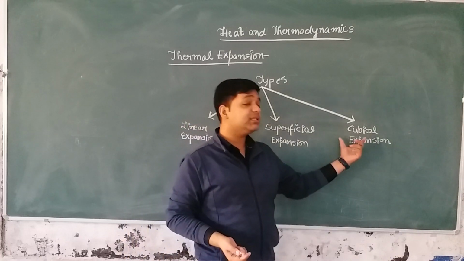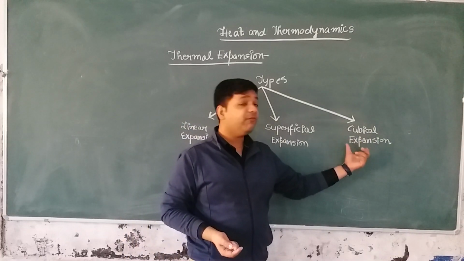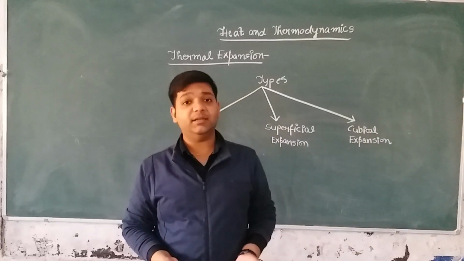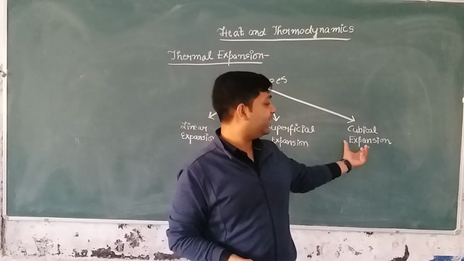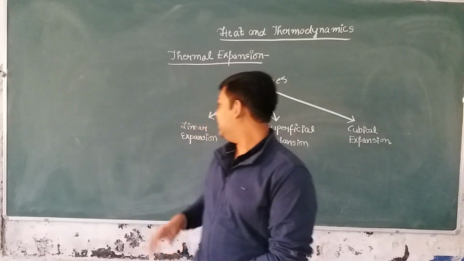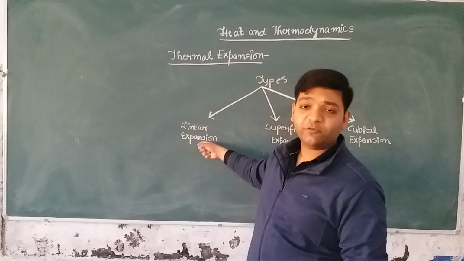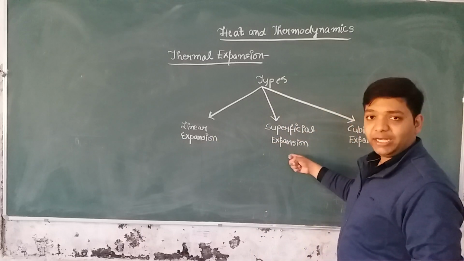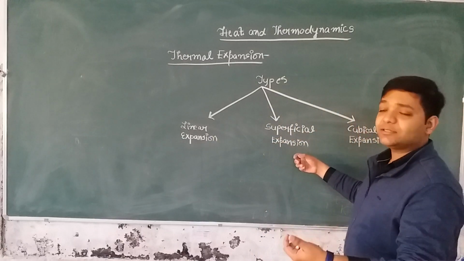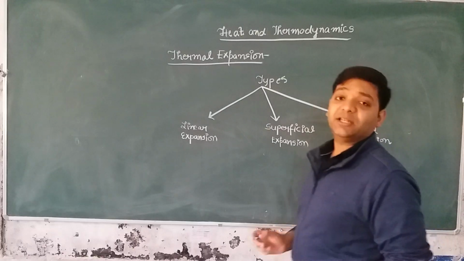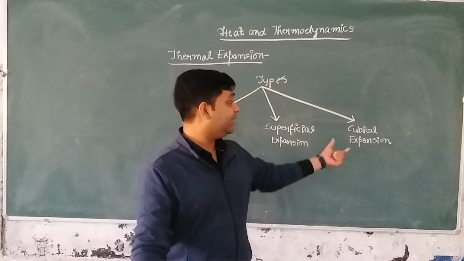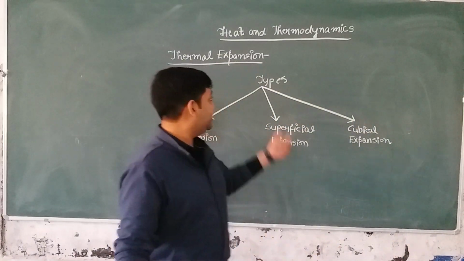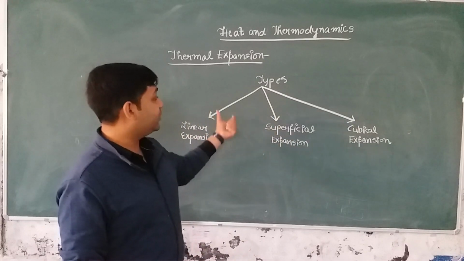When we heat that body, the volume of that body increases, and that is what is called cubical expansion. In linear expansion, the length of the rod increases on heating. In superficial expansion, the area of the metal plate increases on heating, and in cubical expansion, the volume of the body increases on heating. So these are the three kinds of thermal expansion.